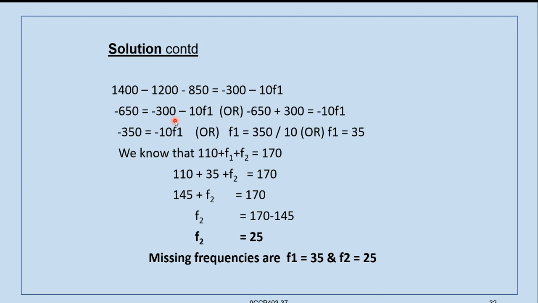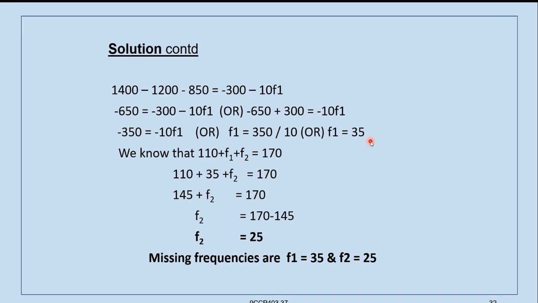This equation can be written as minus 650, and this 300 is taken here, that is plus 300, is equal to minus 10 f1. So minus 350 is minus 10 f1, minus minus cancel, or f1 is equal to 350 by 10, that is f1 is equal to 35. So the first missing frequency value is 35.